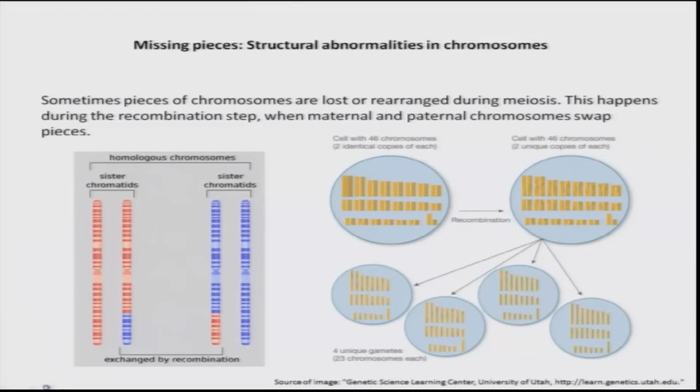What we need to understand is that during meiosis, as we discussed, you have these sister chromatids which undergo a process called recombination. In this, a part of this comes to this and part of this goes here, and this happens because of a precise DNA cutting.